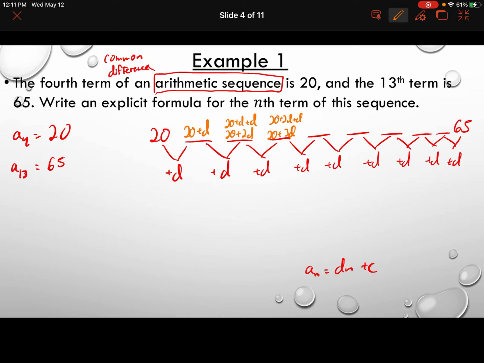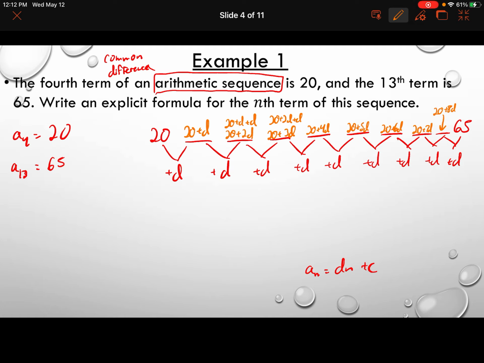Once again, we don't know what D is, but we know it's a number, and we know it represents the difference. And we're going to continue this on. So the next one would be plus 4D, and then plus 5D, plus 6D, 7D, and then looks like I'm kind of running out of room here, 8D.